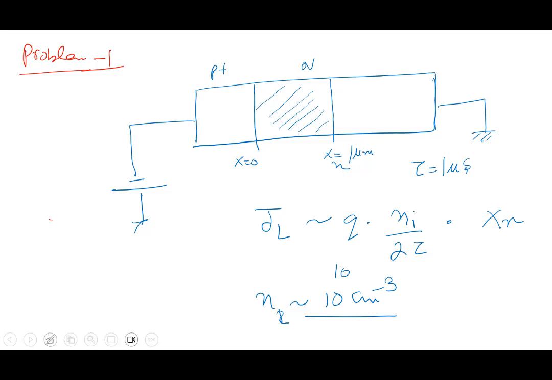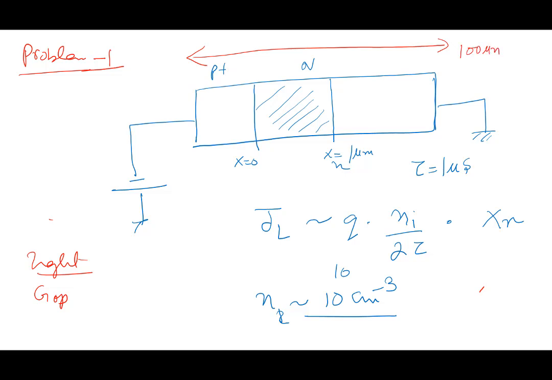The next thing is, it's not over. The next thing is I shine light over it, and now there is an optical generation rate. Let's say all over the device carriers are being generated. The device length from here to here is 100 micron. Diffusion length is 10 micron.